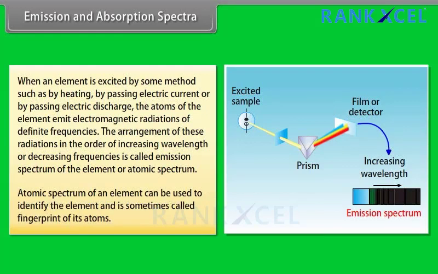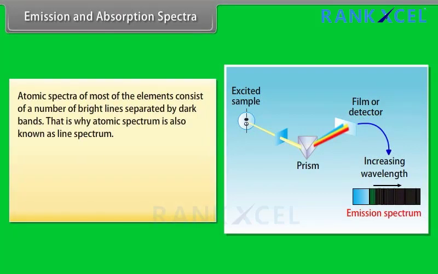The atomic spectrum of an element can be used to identify the element and is sometimes called the fingerprint of its atoms. Atomic spectra of most of the elements consist of a number of bright lines separated by dark bands. That is why the atomic spectrum is also known as the line spectrum.